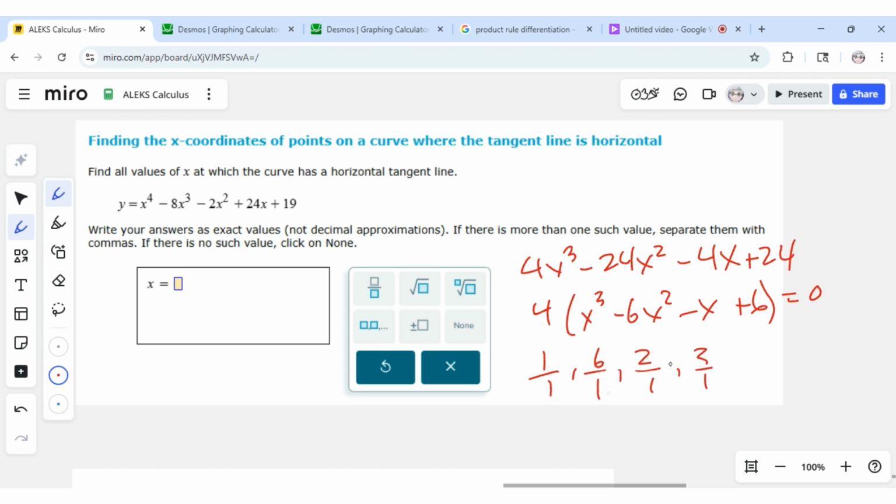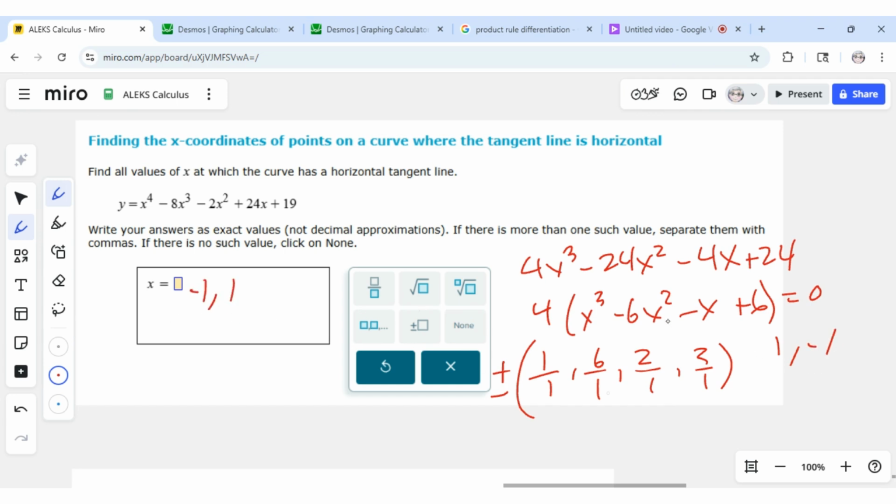And if you're doing this without a graphing calculator, I guess you'd test all of those. Actually, I can just see very quickly, if we put in a 1 here, we'd have 1 minus 6 minus 1 plus 6, and that would equal 0. And let's see, does negative 1 work? Oh, it's plus or minus all of these that are the possibles. Does negative 1 work? So that'd be negative 1 minus 6 plus 1 plus 6. Yeah, it would too. So 1 and negative 1 are certainly solutions here.